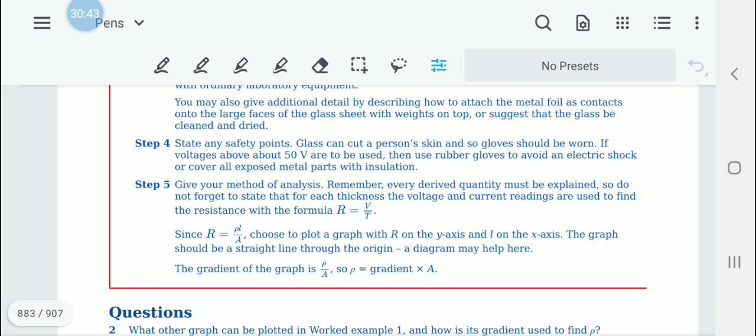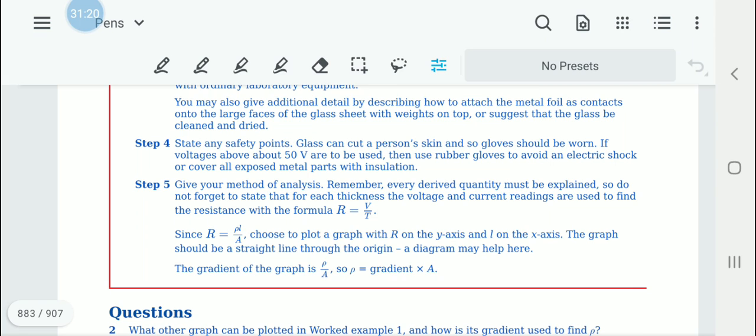In this particular situation, you have to explain what is going to happen for each thickness and the voltage and current readings, and how it is going to relate to the formula R equals V upon I. So you use this R equals V upon I, and also because we have been given R equals rho L upon A, we have to plot a graph with R on the y-axis and L on the x-axis.